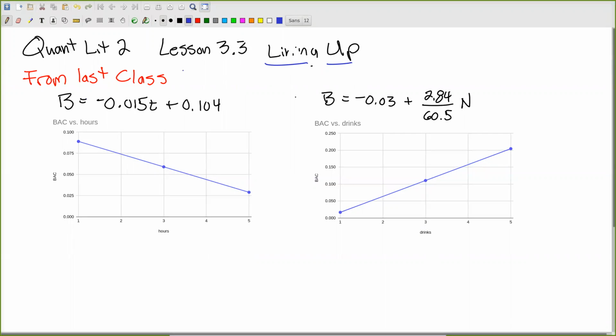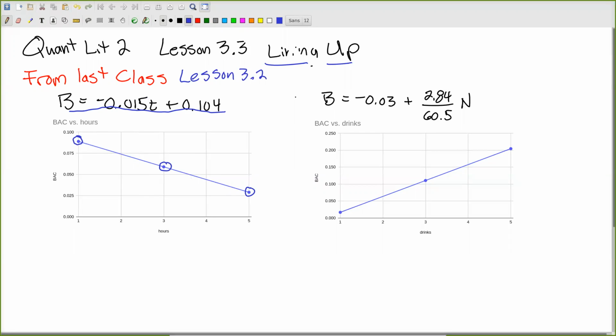from the last class, lesson 3.2. So the first problem we looked at is we had a young male, I think he was 120 pounds, and he had a few drinks, and we came up with this equation here for his BAC over time, and we calculated points for 1 hour after he finished those drinks, 3 hours later, and 5 hours later, and found that they lined up really nice.